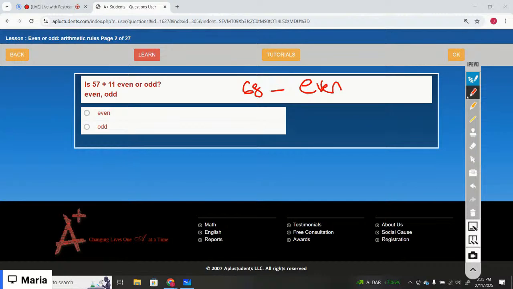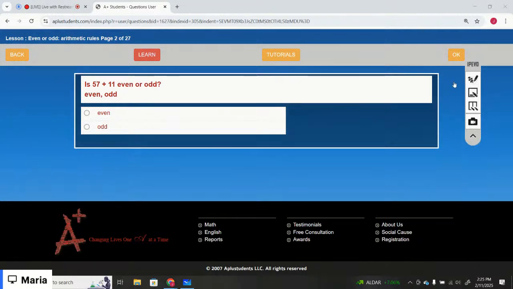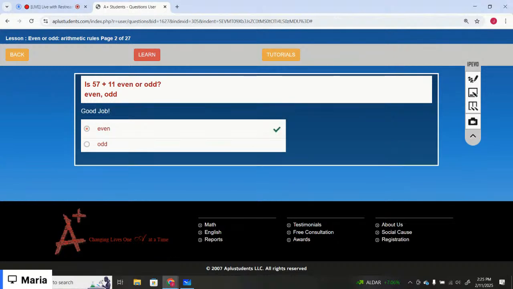Sum of two odd numbers is always an even number. Option number 1 is the correct option.